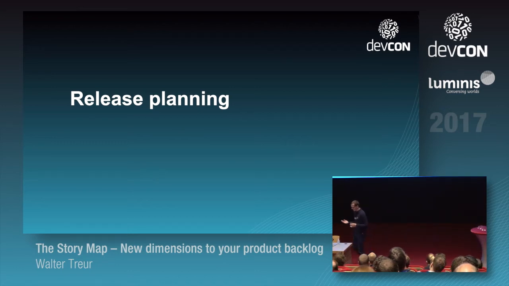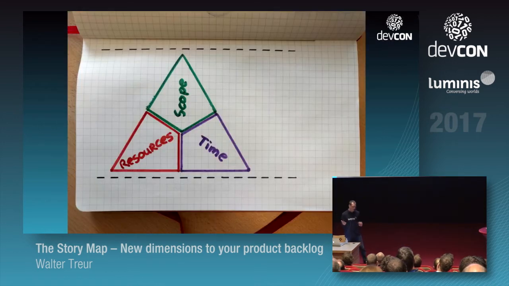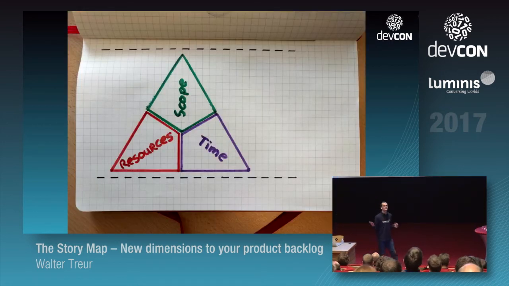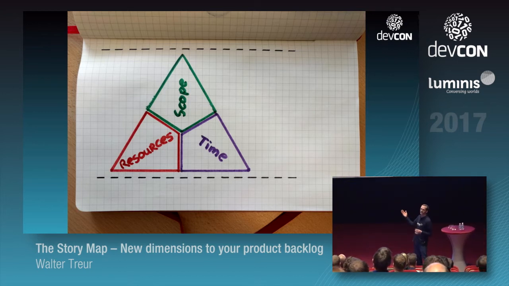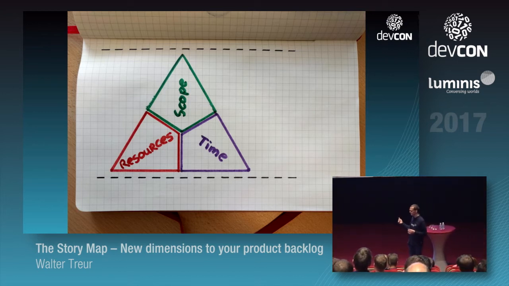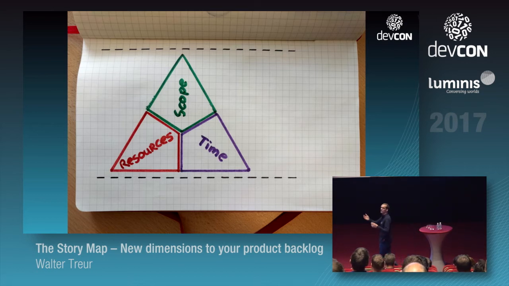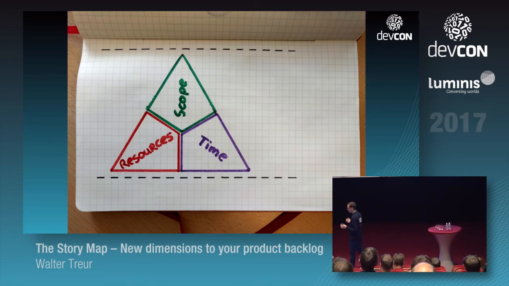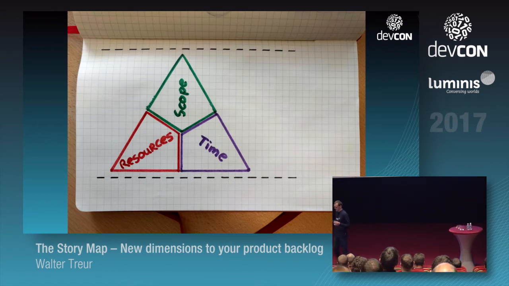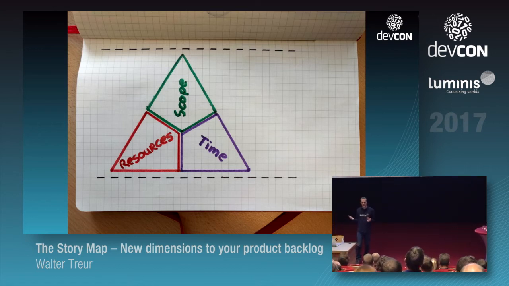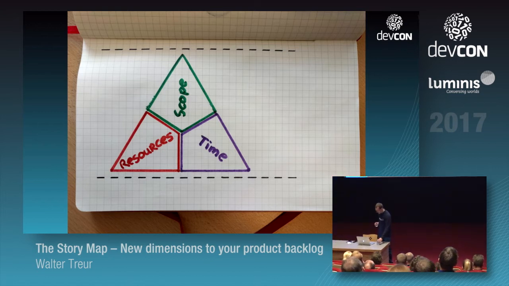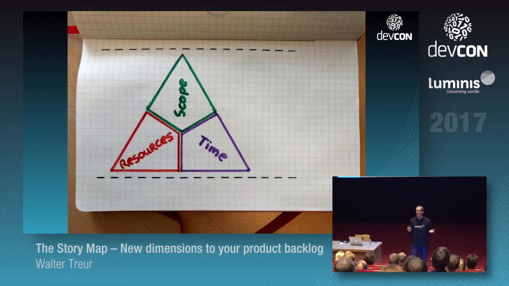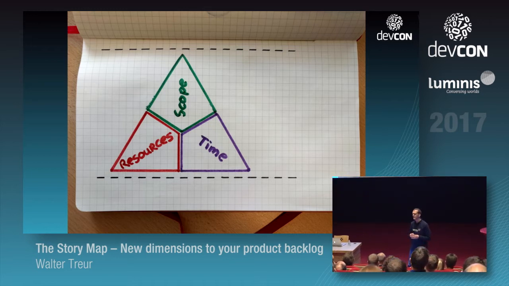Usually one would pick up a model like what we call the iron triangle of project management, right? We have 3 things that are related to each other. Your scope: how many features am I going to build? Your time: how much time is it going to cost me to implement this whole set of features? And how much money is it going to cost me, or how many people do I need to implement it?